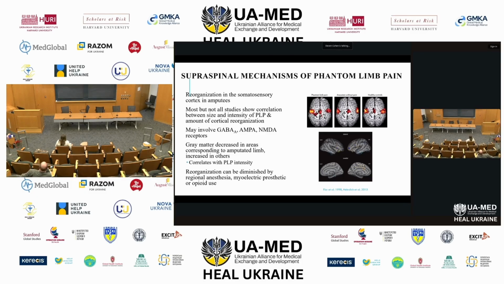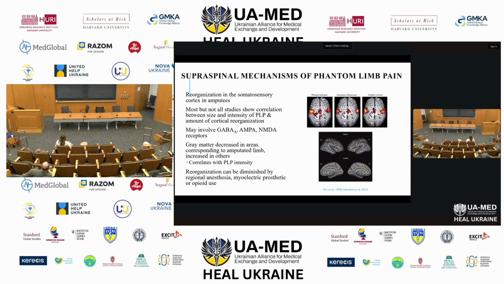Studies have shown a correlation between the size and intensity of phantom limb pain and the amount of cortical reorganization. This can involve both inhibitory and excitatory neurotransmitters, like glutamate. There are some studies that show that failure to reorganize can cause phantom limb pain. So it can work both ways.